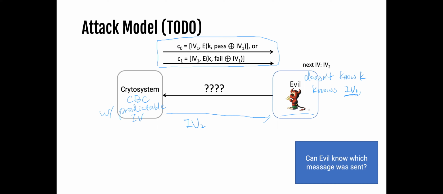Exactly, Emma. And Dean said you could find a mathematical relationship between IV and K based on known plain text. Okay, if you're thinking this way, can you come up with a more concrete relationship? What kind of mathematical relationship can you infer based on the known plain text?